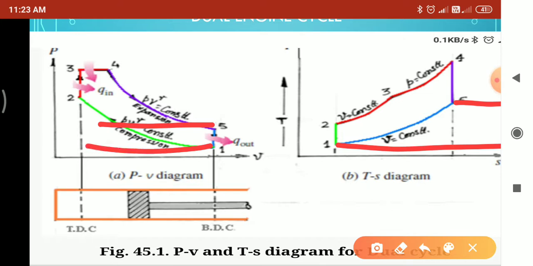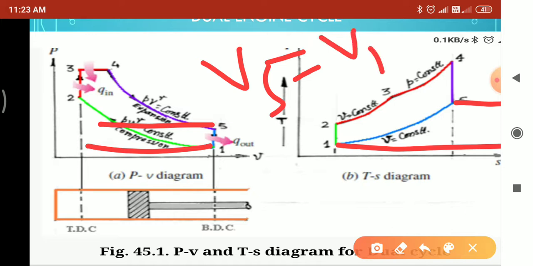There is no change in volume, so V5 equals V1.